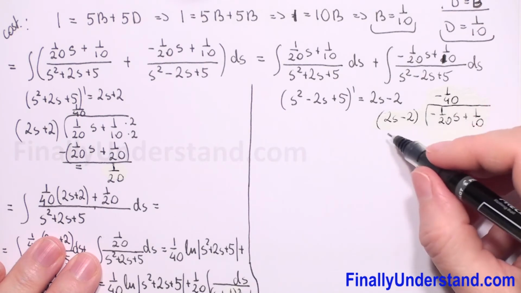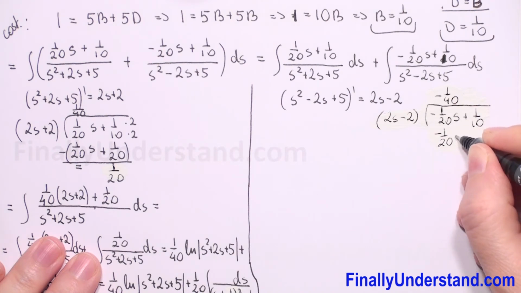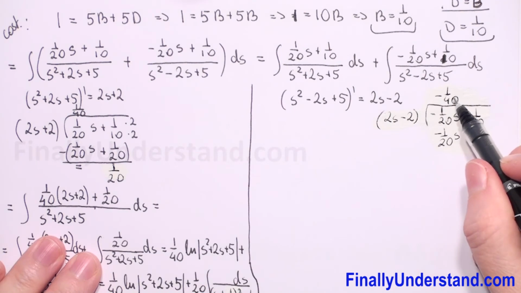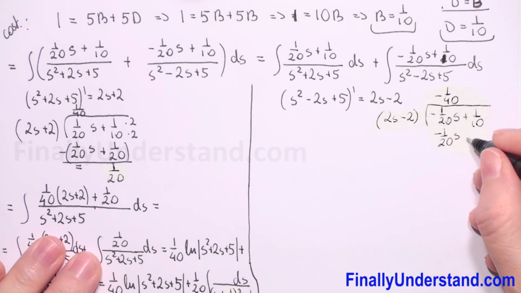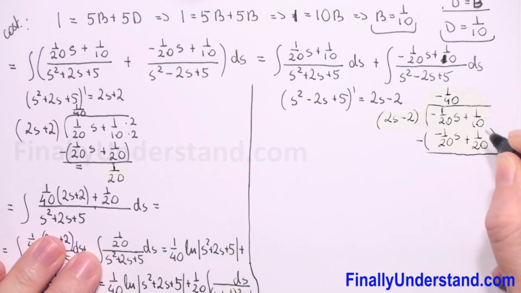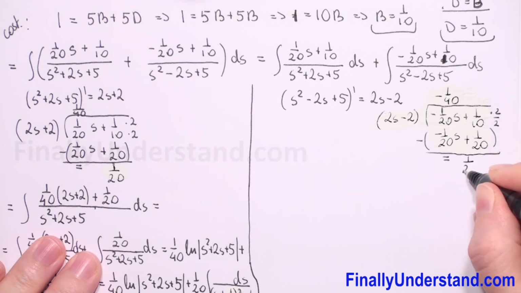Negative 1 over 40 times 2s is negative 1 over 20 s, and we have negative 1 over 40 times negative 2, so it's plus 1 over 20. Now we have to subtract, so this is equal to 0, and we have 1 over 10 minus 1 over 20, so we have to multiply this expression by 2 to have the same denominator. So we have 2 over 20 minus 1 over 20, so it's 1 over 20.